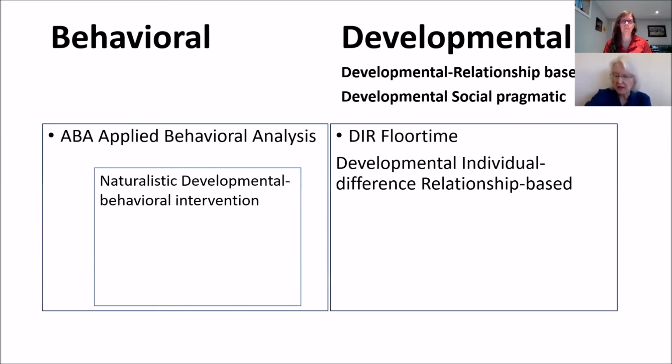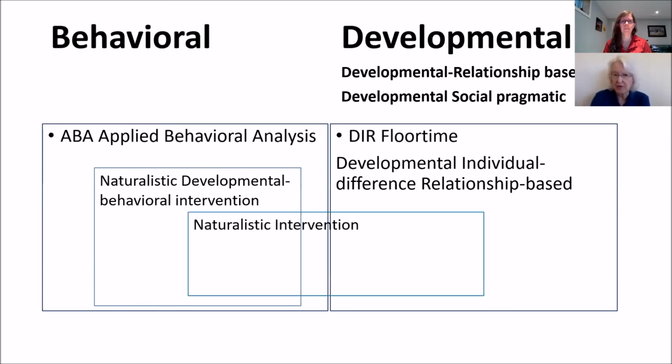And then another term came along, naturalistic interventions. And this term was really coined, as far as I can tell, in a more formal way by Jessica Steinbretter in 2020. And naturalistic interventions include those that are more of a behavioral as well as a developmental approach.